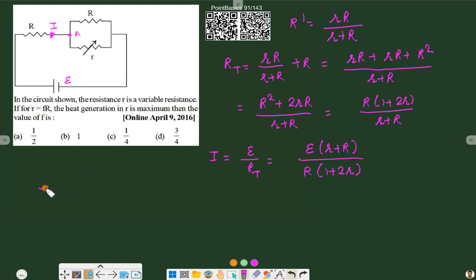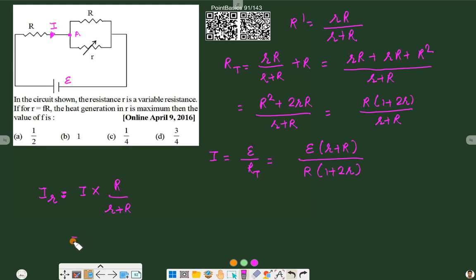As these both are in parallel, the current through small r will be given as total current, that is I, multiplied by the opposite resistance, that is capital R, divided by their sum, so R plus r.